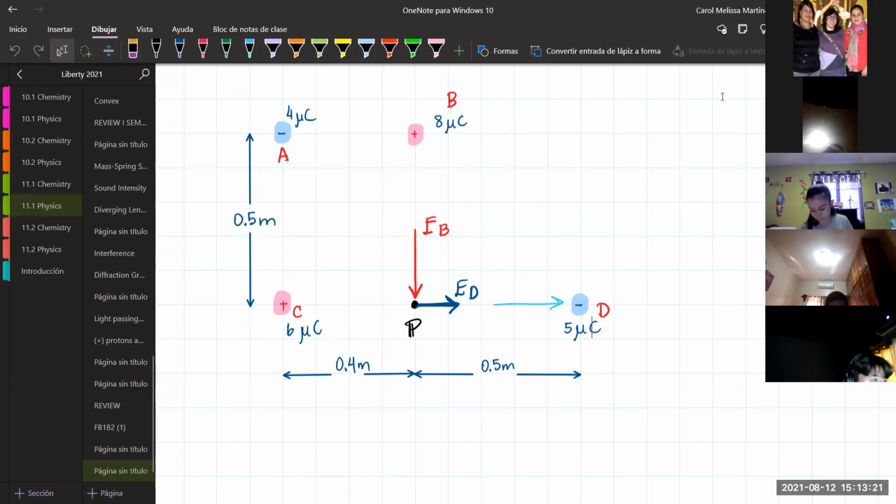Now I will analyze the charge A. Because it's negative, the arrows go toward the particle in this direction. What arrow is the one that passes through the point P? Exactly.